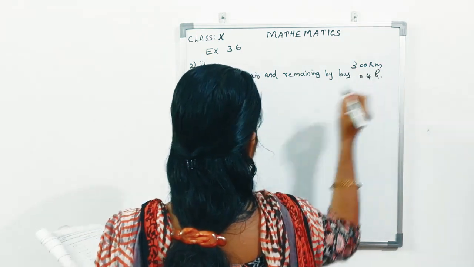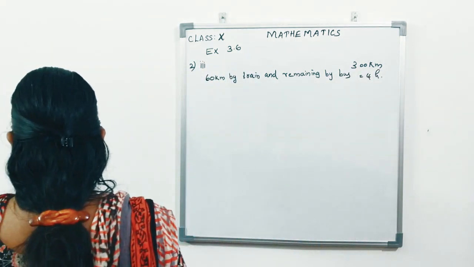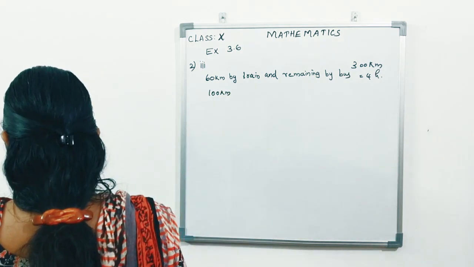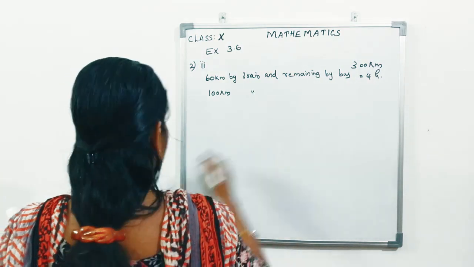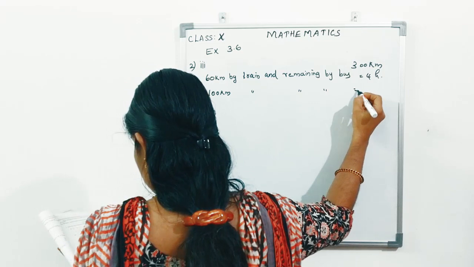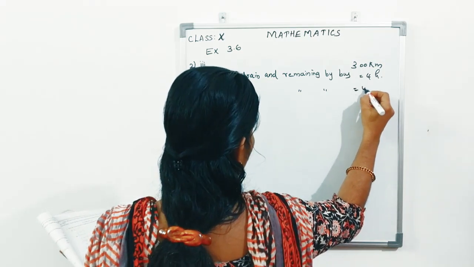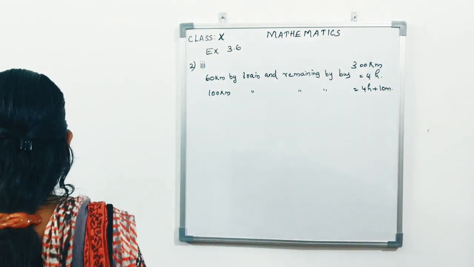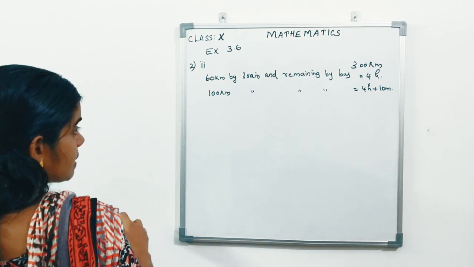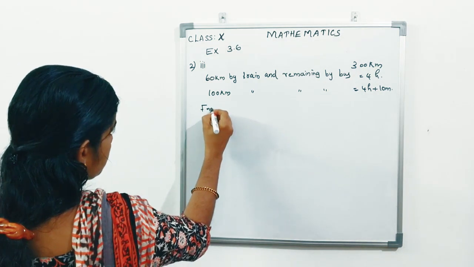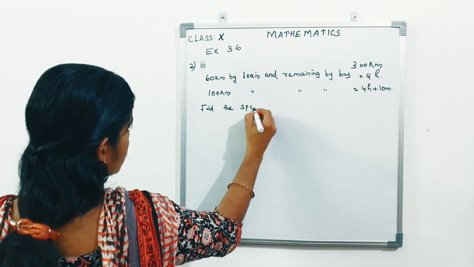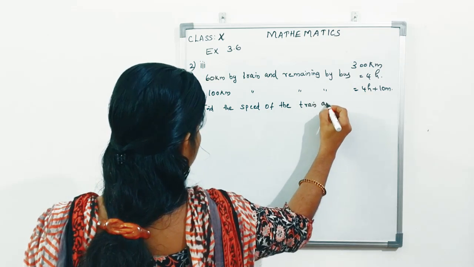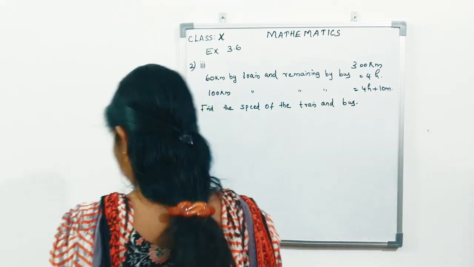Next, 100 km by train and the remaining by bus. He takes 10 minutes longer, so 4 hours plus 10 minutes he is taking. Find the speed of the train and the bus separately. You want to find out the speed of the train and bus.